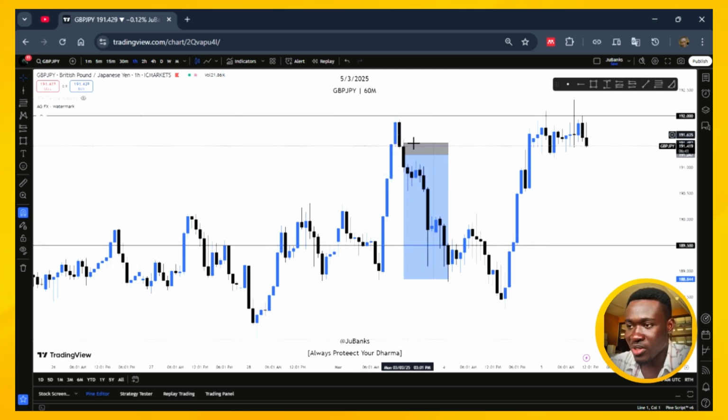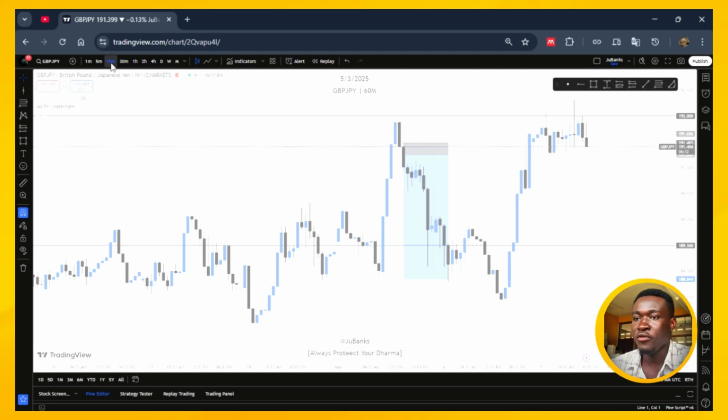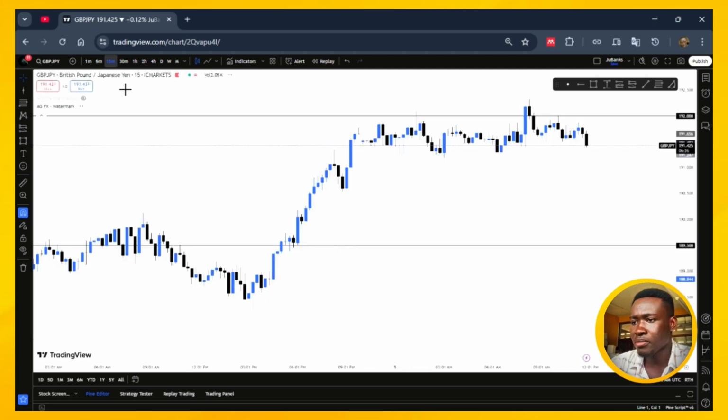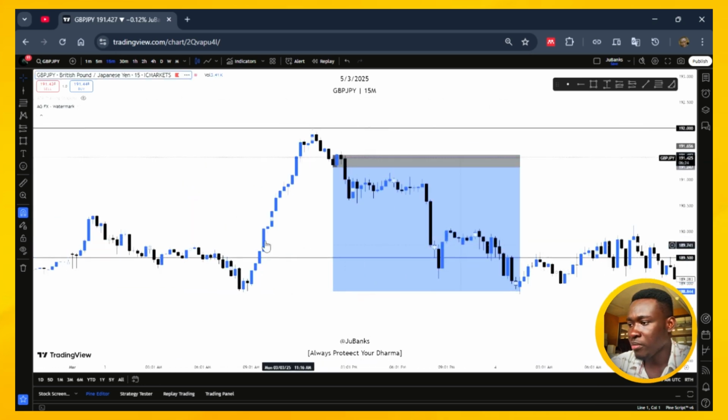As soon as I saw this confirmation, I moved to the 15-minute time frame to take the trade, because that was one of my favorite setups. On the 15-minute time frame, this is what I saw.